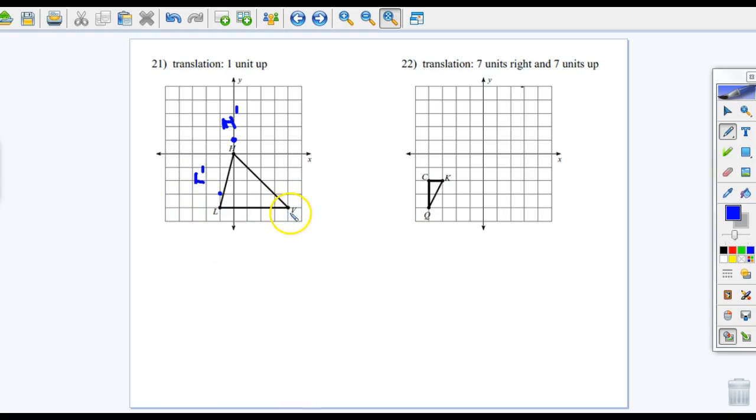Let's go ahead and look at the last point here. I have V. I'm going to go up 1, and oh, that happens. Up 1, and this point here becomes V prime. I'm going to take my line. Let's see if I can get that super quick.